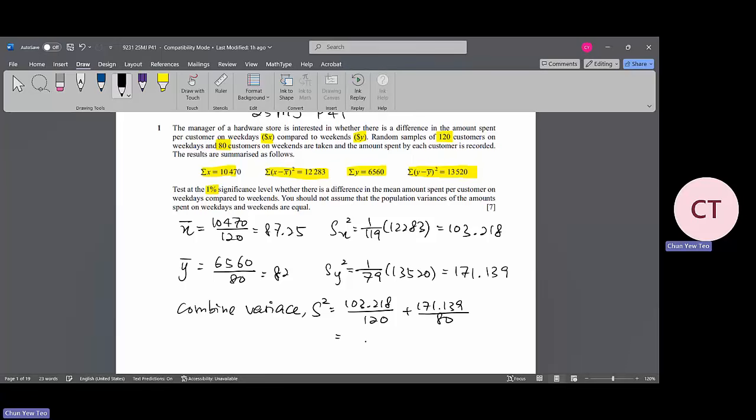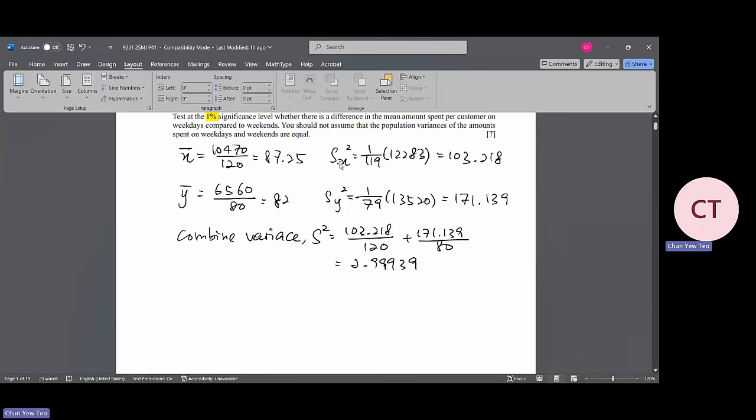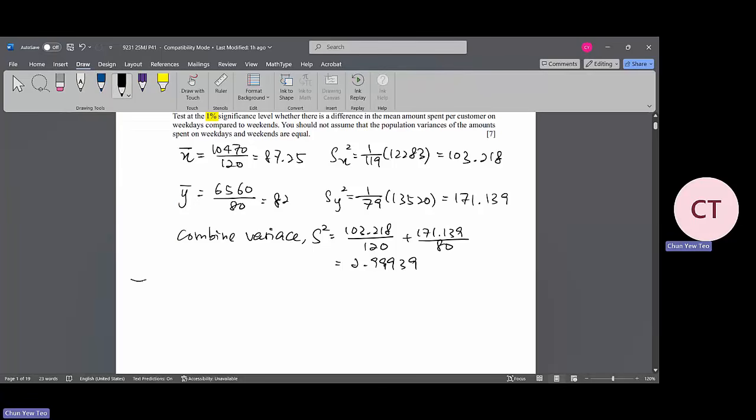Press the calculator, and you will get 2.99939. I give 5 decimal places to be safe, so that we can get our answer more accurate. Okay, so this is the information that we need to get ready for doing the hypothesis test.